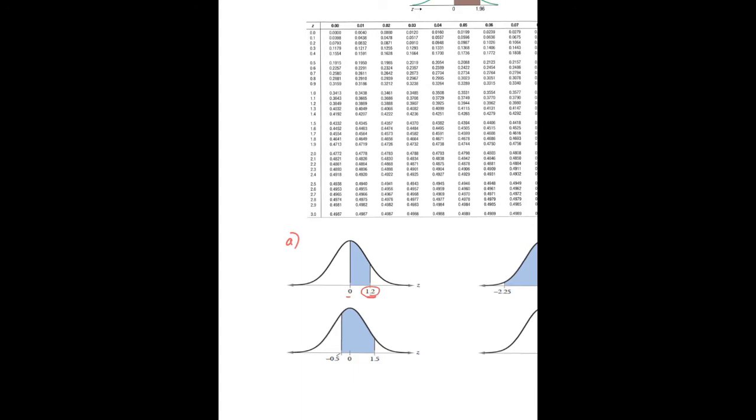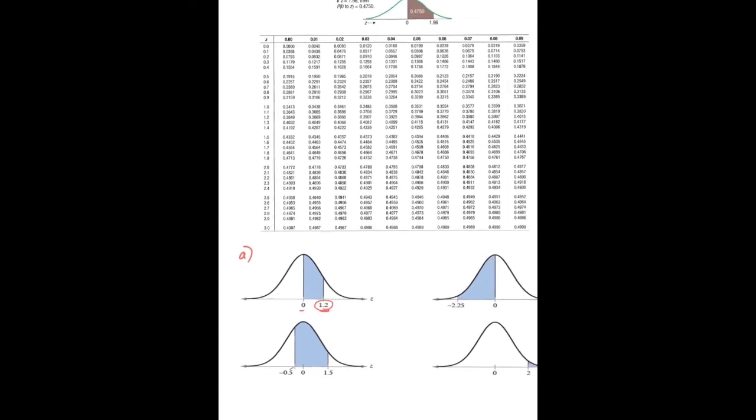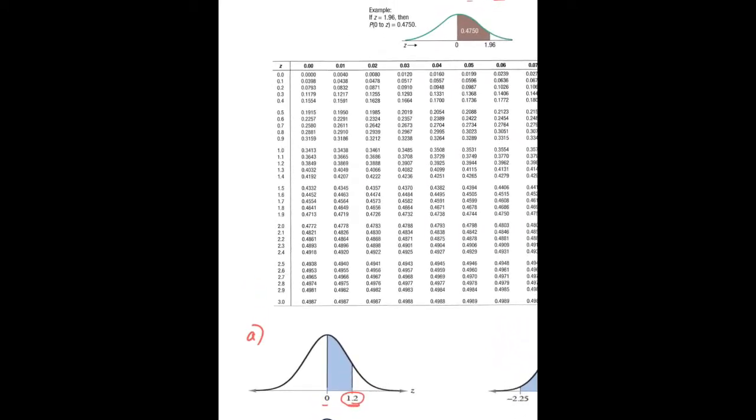So now we go to our z-table. And here on the z-table, what we'll notice is a few things. First, you'll have this column with the z-values, and the z-values are going to be the first two digits. So if we look at a z-value of 1.0, that's telling us that we're looking for the area between 0 standard deviations from the mean and 1 standard deviation from the mean. If we go to z of 2, that's telling you the area between 0 standard deviations from the mean and 2 standard deviations from the mean.